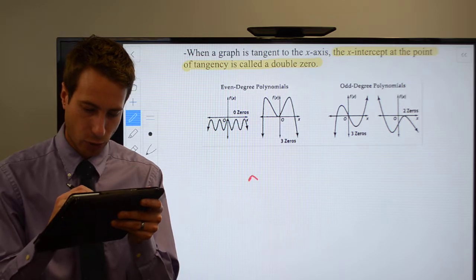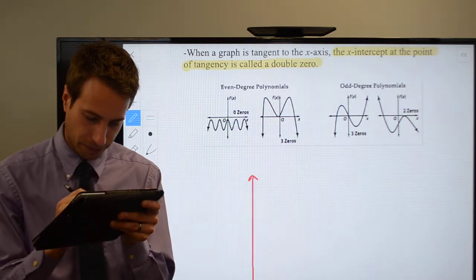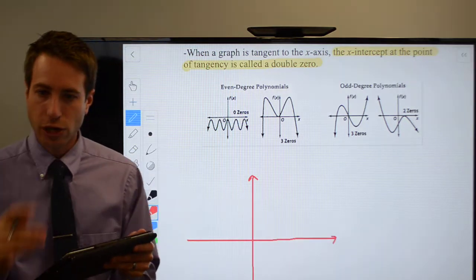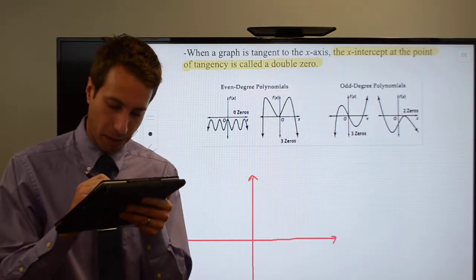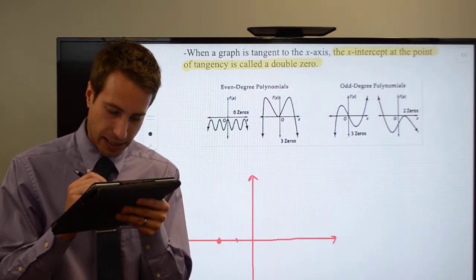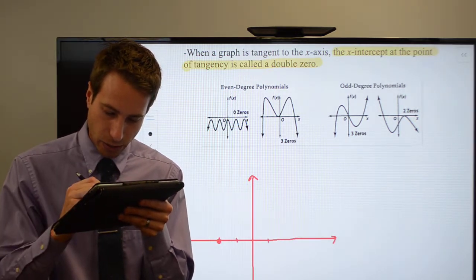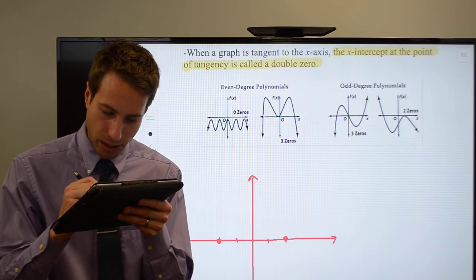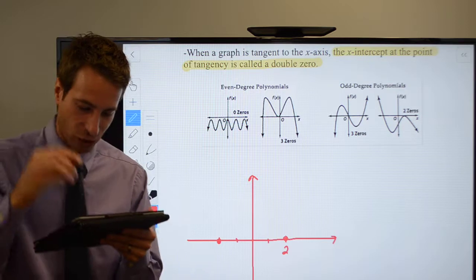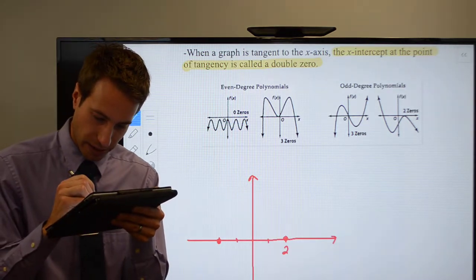So I'm going to draw myself a quick little graph right here. Now on my graph, I'm just going to draw myself this nice little parabola. I'm going to put a couple of spots in here. This is going to be x equals -2. We'll call this one x equals +2. And here's what I want. I want a polynomial that just kind of looks like this. We'll just do one of these guys.